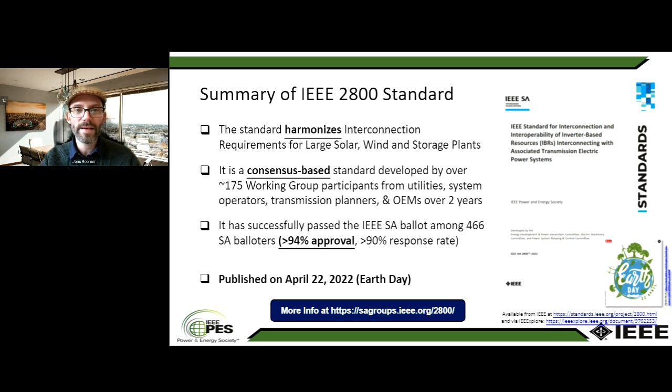But then another set of gratitude goes out to around 466 Standards Association balloters who took the time to review diligently the 172-page long document, formed their opinion, submitted 2,000 comments, and finally made up their mind whether to vote with approve, disapprove, or abstention. And remarkably, the final document that you see published today has received an approval rate of more than 94% among those balloters that voted.